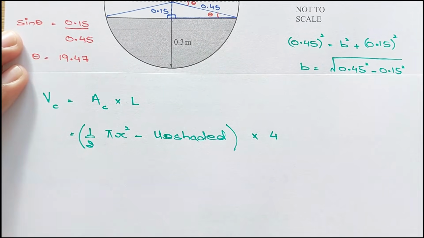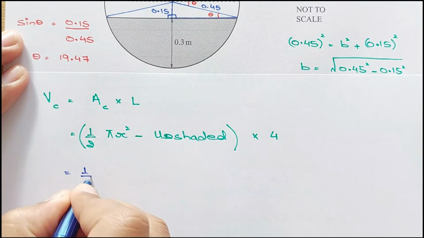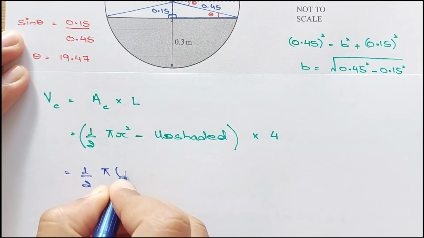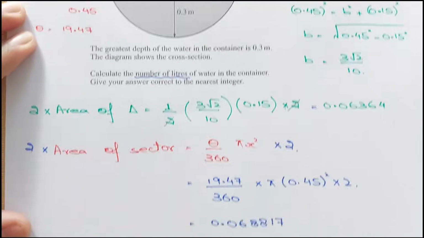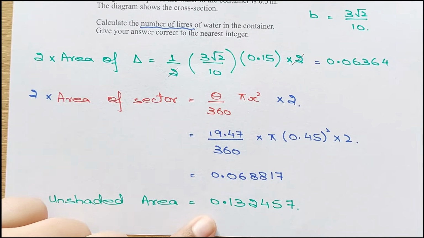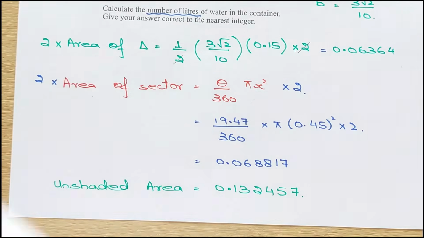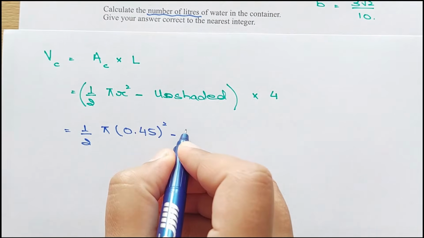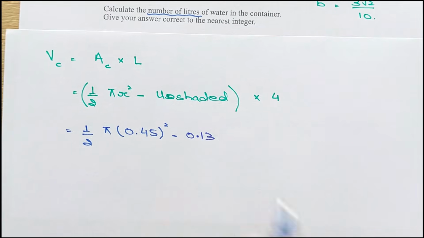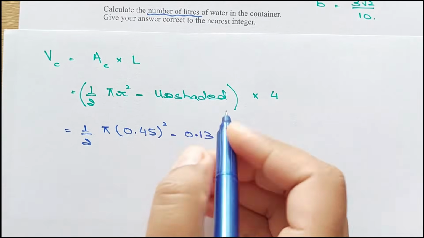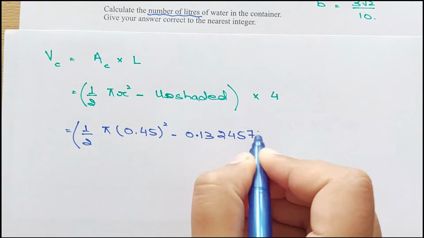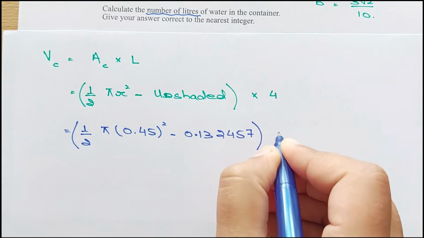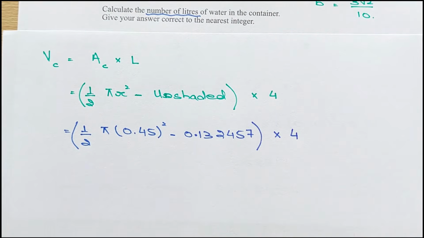Okay, now let me simplify. We have 1 by 2 pi, the radius is 0.45 squared. Subtract the unshaded one. We got the unshaded area, that is 0.132457, right? So let me subtract 0.132457. This is the area of cross section times the length of the container, that is 4 meters.